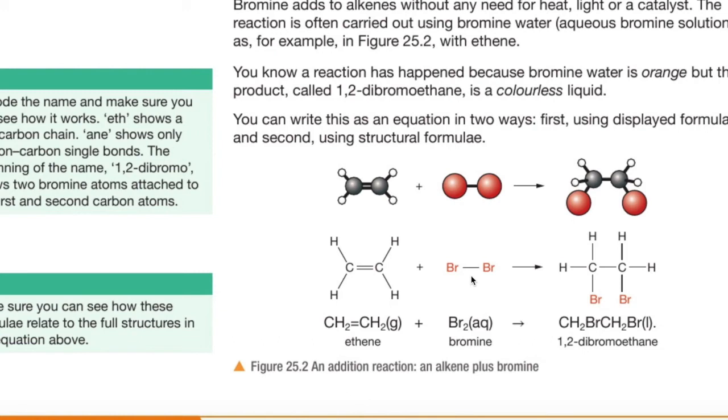So that's how you tell. But with regard to ethane, because it's a carbon-carbon single bond, it will not be able to react with bromine water because it's a saturated hydrocarbon. So there is no reaction. Yeah, that's how you tell.